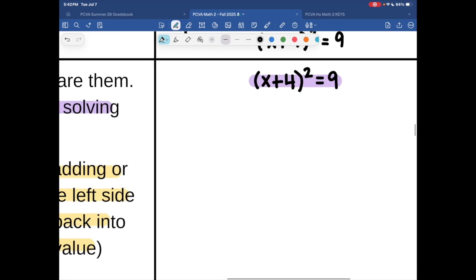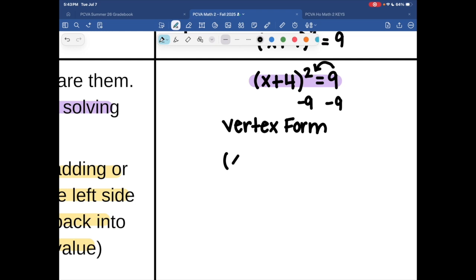So to get this in vertex form, remember that we want that k, or that c, moved back to the left-hand side. So we're now going to subtract that over. Once we subtract that over, I now have x plus 4 squared minus 9, which technically equals 0 because that's what's left, but you don't have to set it equal to 0.